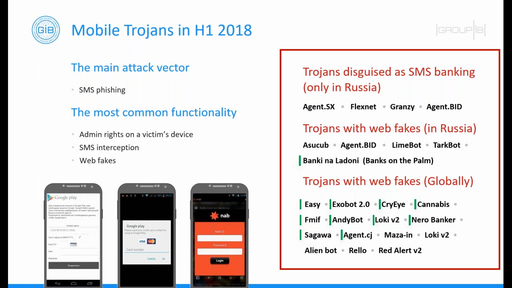The most common functionality is getting admin rights on a victim device, intercepting SMS messages in order to steal information from there and access transaction authentication numbers, and showing web fakes and replacing the legitimate application windows with malicious ones. So users will enter their credentials in a malicious app, and the data will be sent to cybercriminals' web servers instead of, for example, the online banking web server.